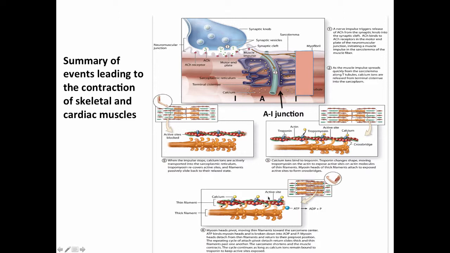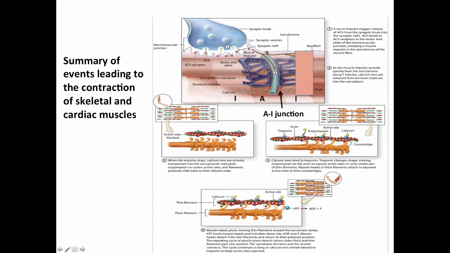I should have mentioned that in the resting state, this myosin head can't bind to a binding site on actin because it is covered by this molecule called tropomyosin. It requires calcium binding to another molecule called troponin to release the tropomyosin and to expose the myosin binding site. And we'll look at this in a bit more detail as we go through this diagram.